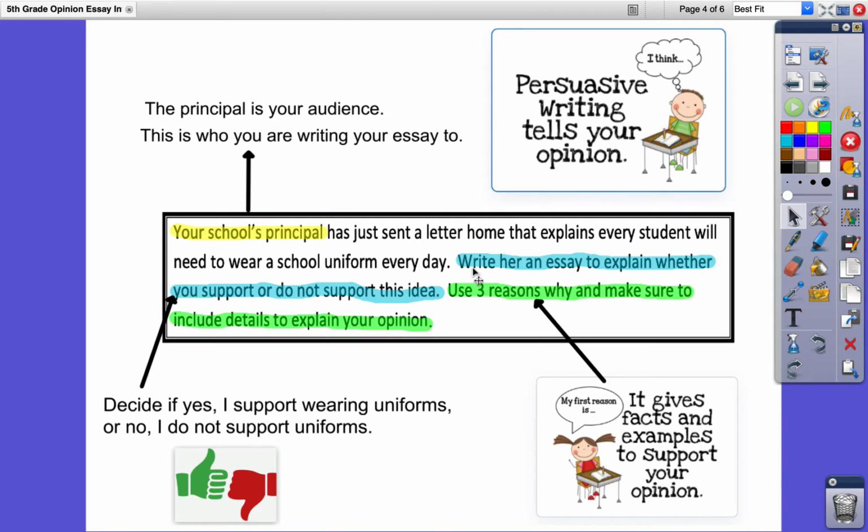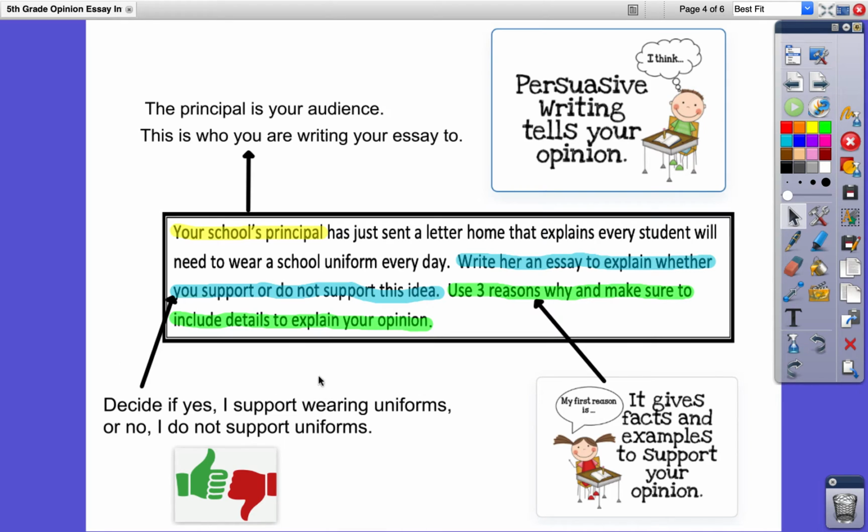Now, next, you have to think about the topic and decide if you support or do not support this idea. In other words, if you decide, yes, I support wearing uniforms, that means you're going to be writing to Miss Wonder saying that you agree with her idea.